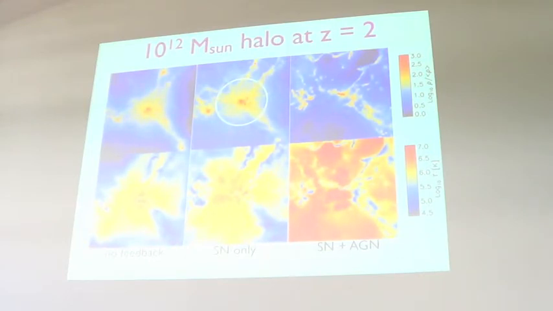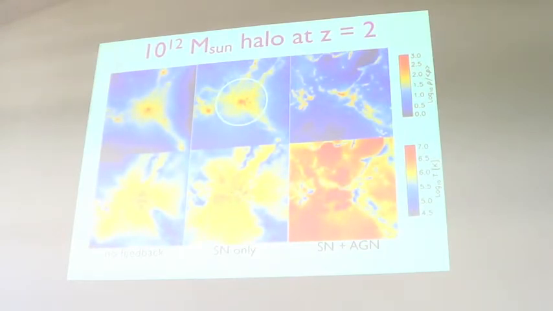But what I'd also like to point out is that you can see these filaments that are penetrating the halo and going to a radius much closer to the galaxy. They look very much more disturbed as you add more and more feedback, but they're not completely destroyed.